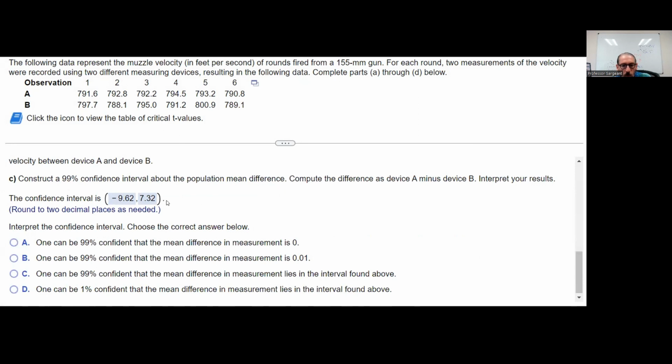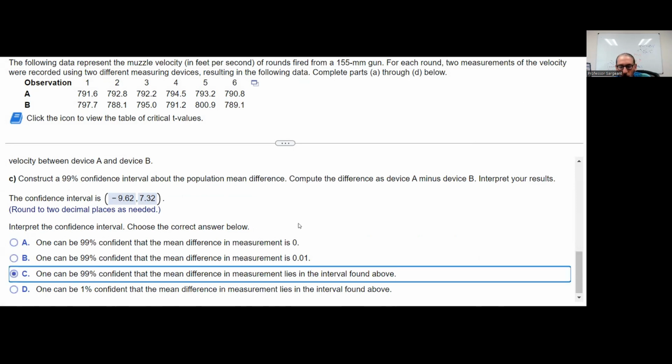So one could be 99% confident that the population mean difference lies within the interval found above. 0 does fall within there, which is why we failed to reject H naught in the related two-sided test, where we were dealing with the same alpha over 2.